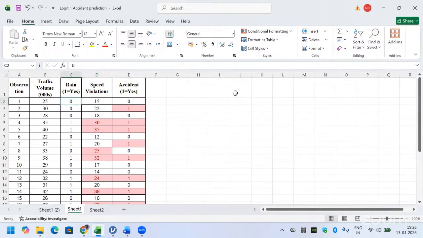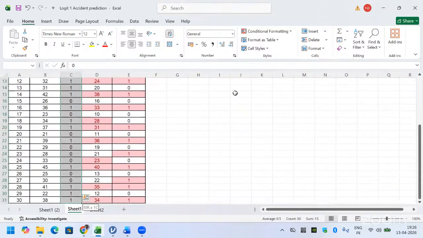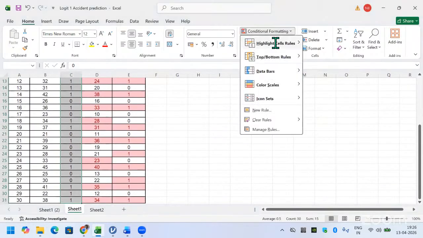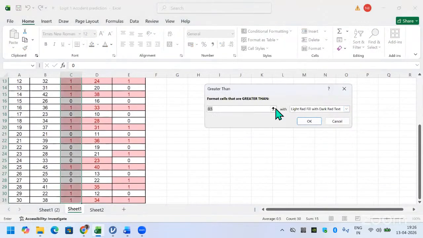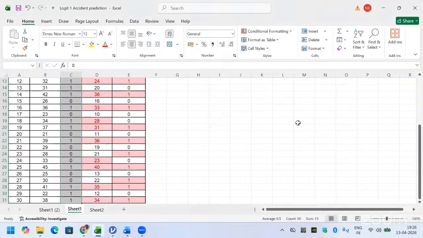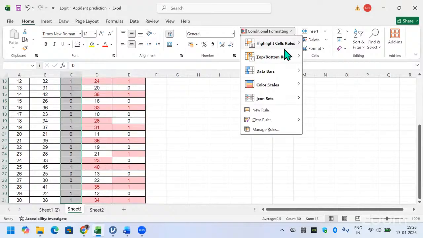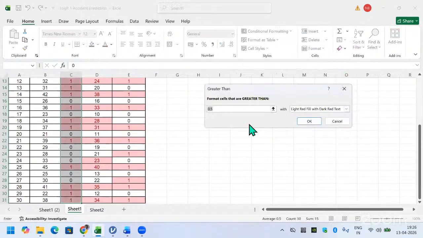If I compare this, I have to highlight the data if it is equal to 1, in some other color, so green fill, and I click OK. One minute.